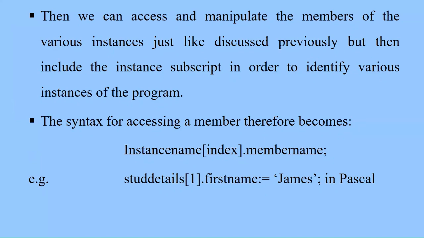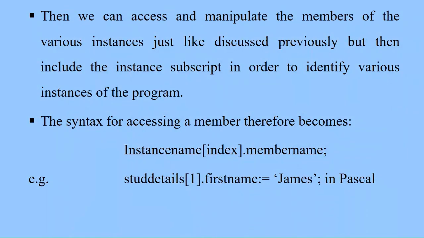So we can read this statement as follows. James is assigned to the memory location of the array of record called first name, the first member being first name.